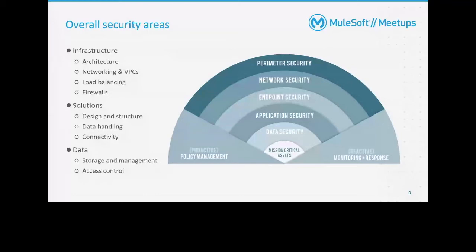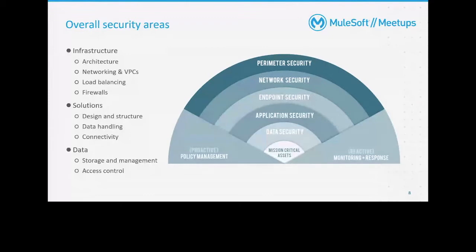So I've classified all these into 3 areas. I would say infrastructure is one. Infrastructure security is part of the big picture here. You have to know what the architecture is, the networking and the VPCs, how the load balancers are configured and secured, and what the network controlling devices or firewalls are.